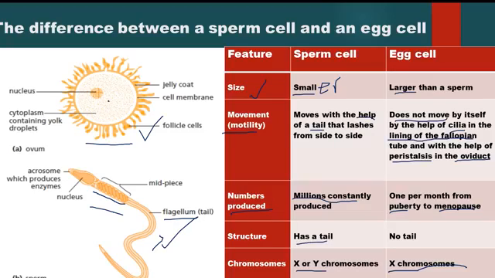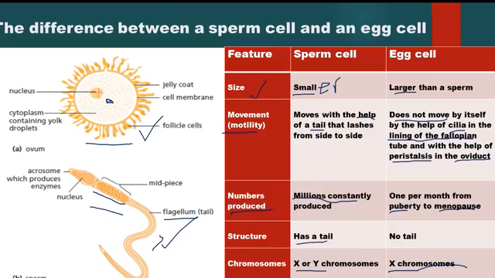Look at the cytoplasm. It is very huge. It is big enough. It is large to contain lots of nutrients, to store enough food that is needed for the development of the zygote.